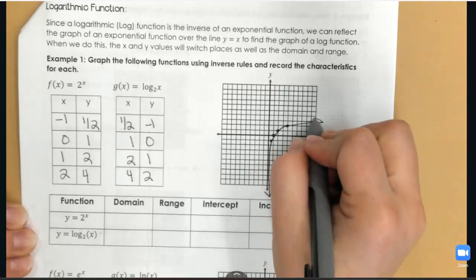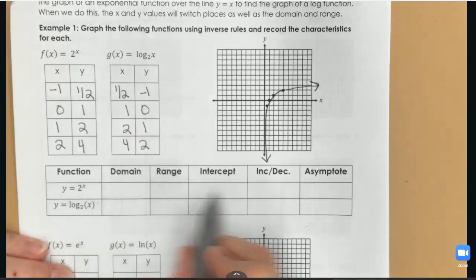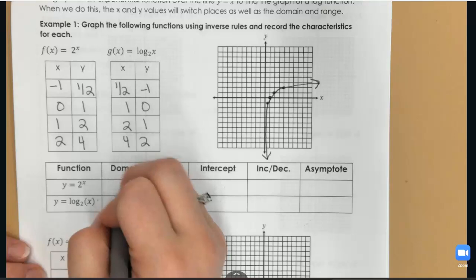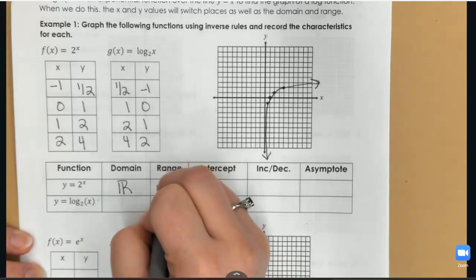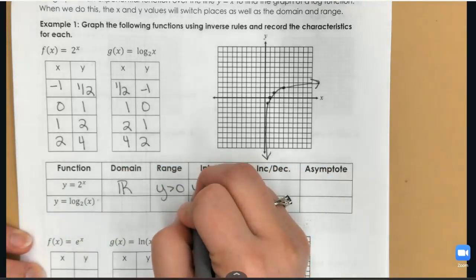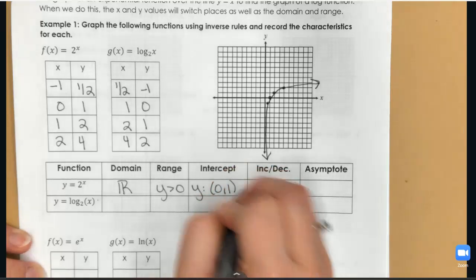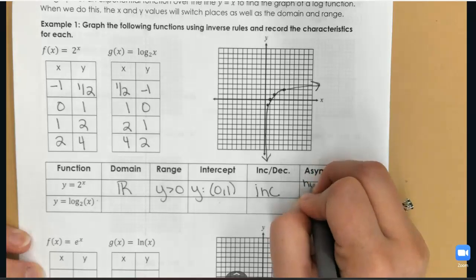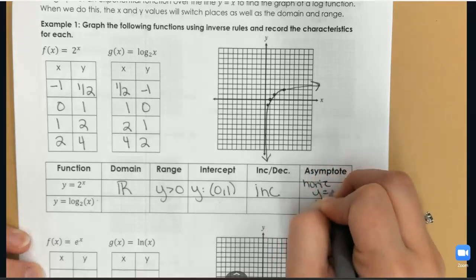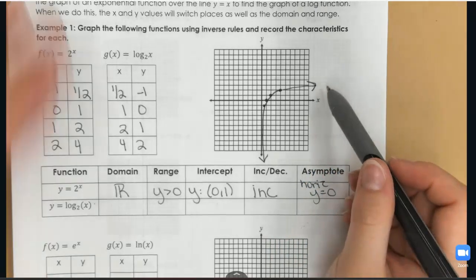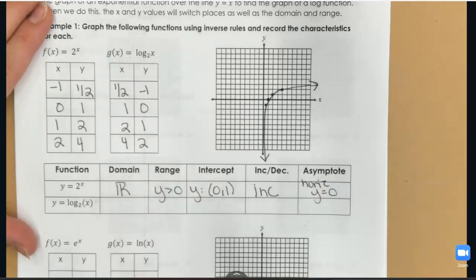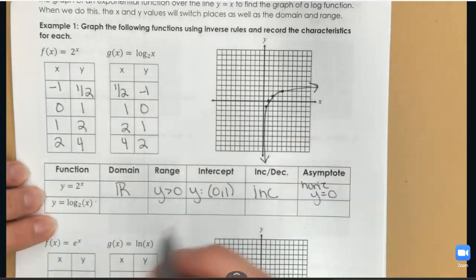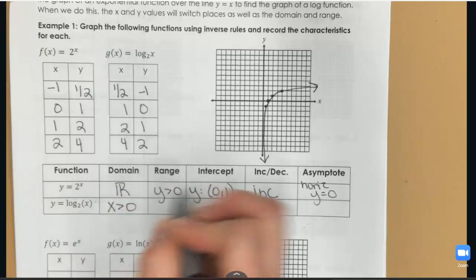and I can graph my log function. Now, again, thinking back to what we just discussed, in an exponential function, your domain is all real numbers, your range is all positive values, you have a y-intercept at (0, 1), it's an increasing graph, and you have a horizontal asymptote at y equals 0. Well, if I look at the graph I just graphed now, the log, my domain is no longer all real numbers, it's now all positive x's.